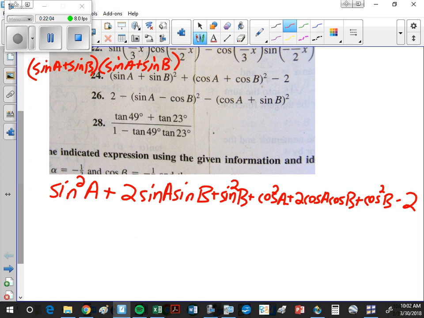That is a big mess. We can simplify. Look at that negative 2. Why is the negative 2 there?